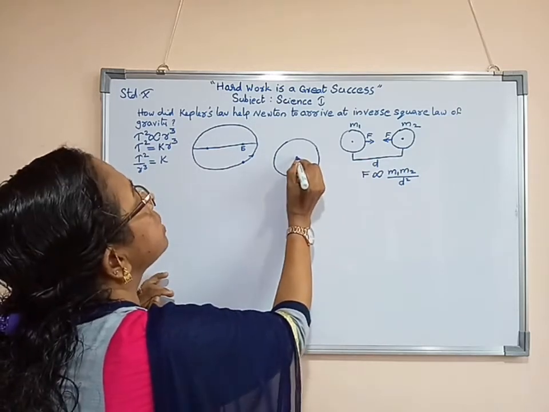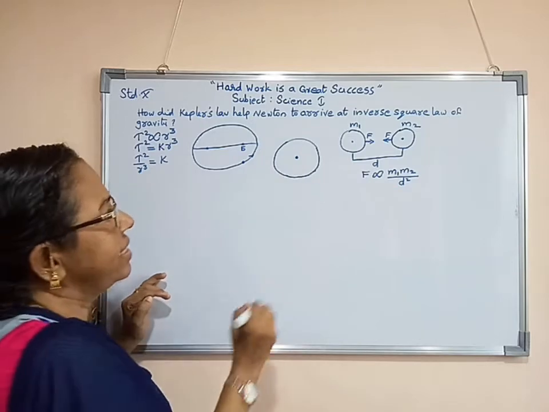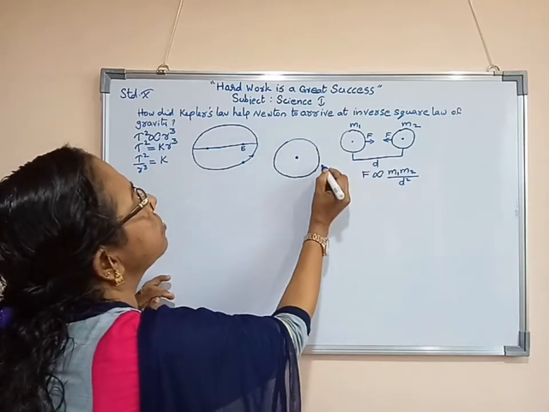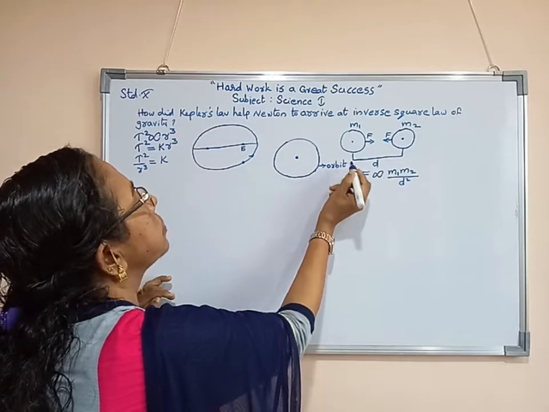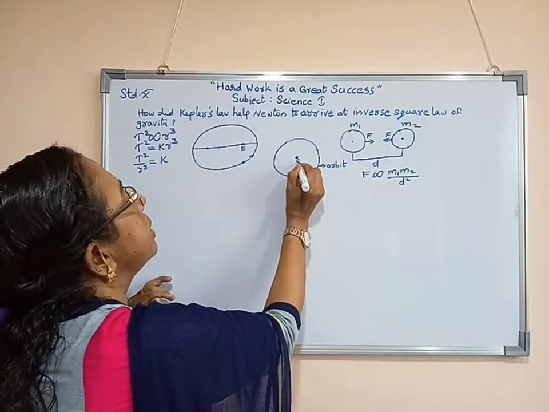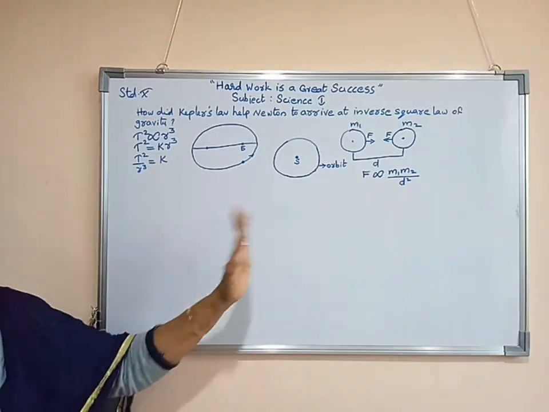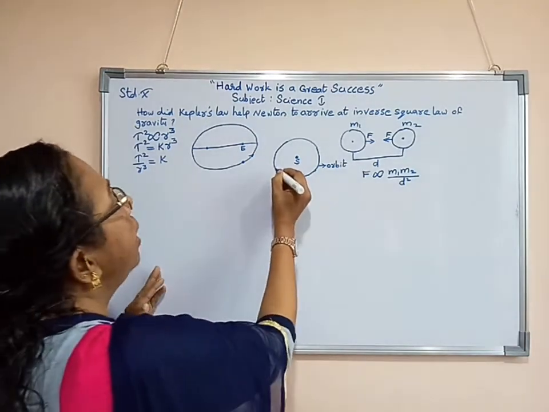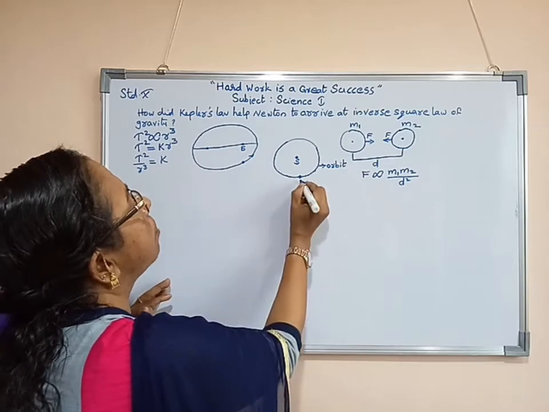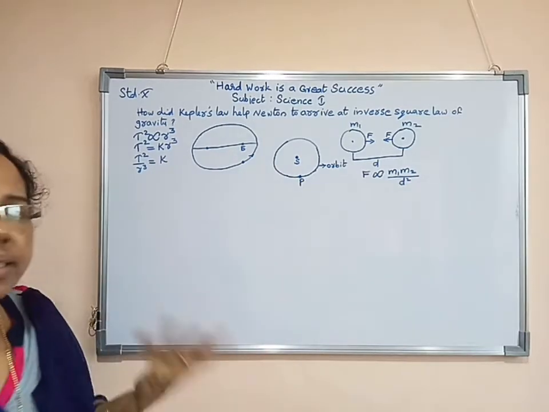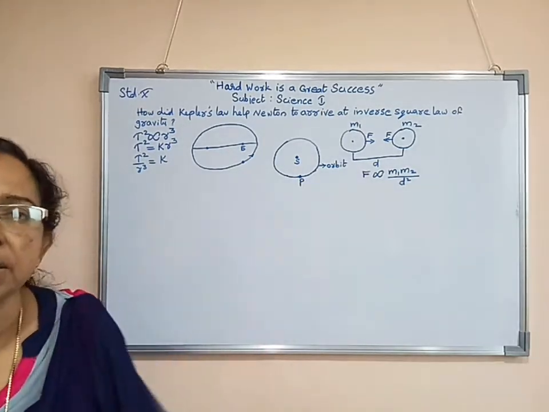Now you see children, this is the orbit of a planet. At its center remains the sun. Here we can place any planet, either Earth or any other planet.